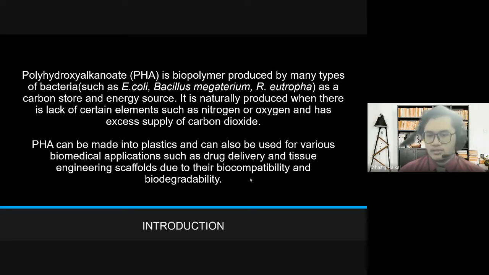This biopolymer can be made into conventional plastics we use every day, and can also be used for various biomedical applications, such as drug delivery.